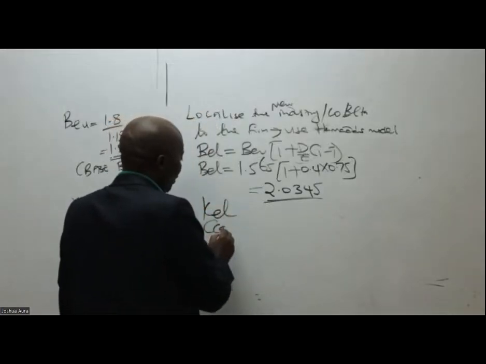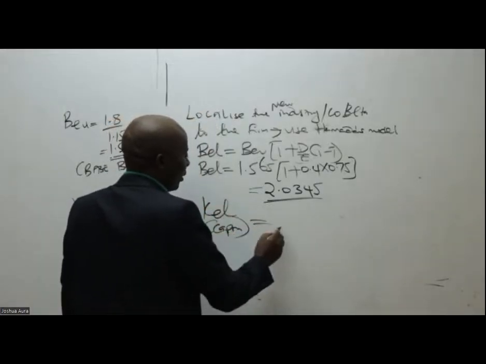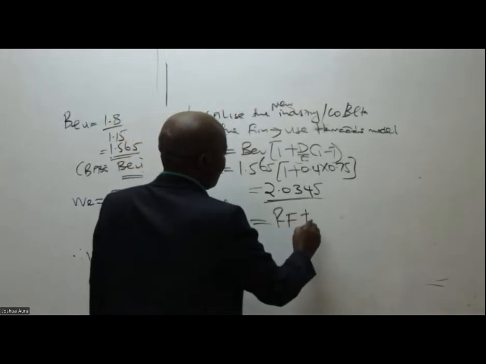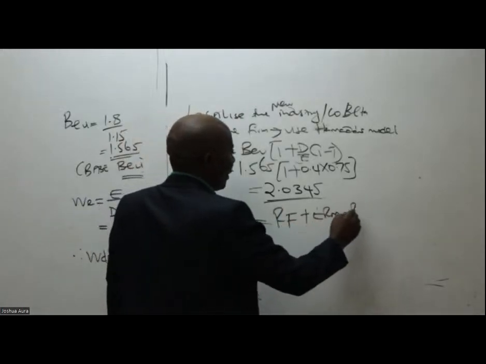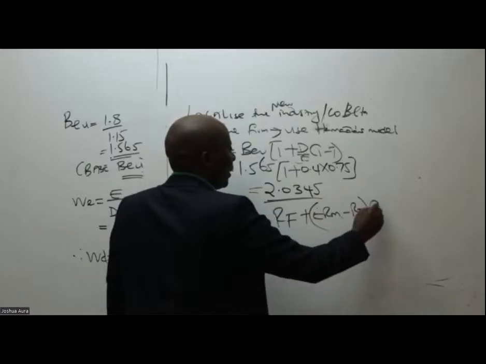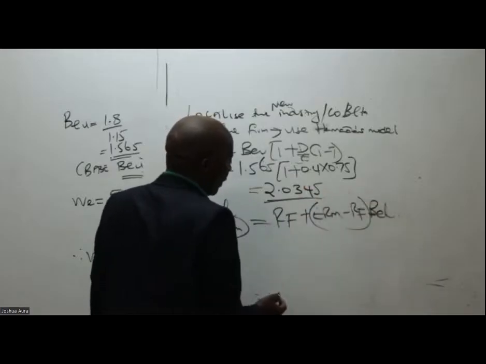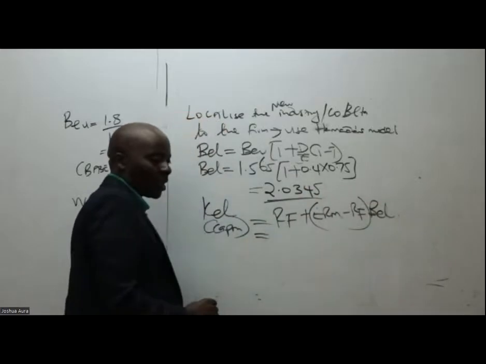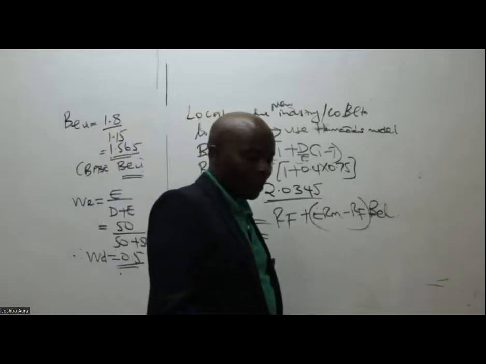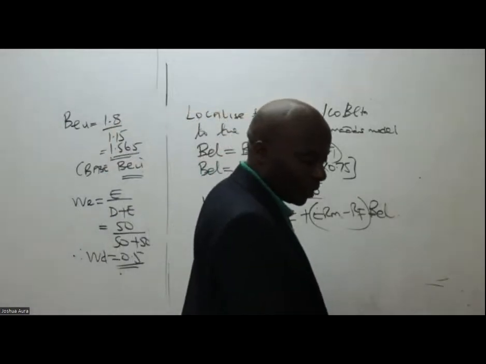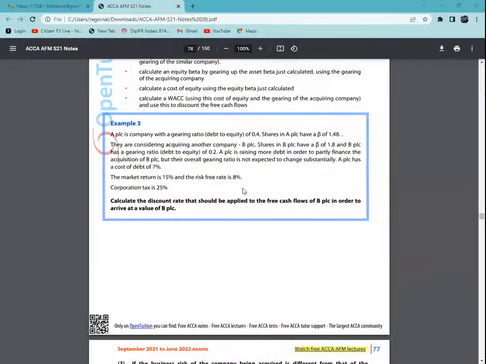So this one here will be risk-free plus ERM minus risk-free multiplied by the beta equity of this firm that you got up. Unfortunately, we have these metrics. Are you able to see the risk-free rate of return? I'm being told it's 8%.